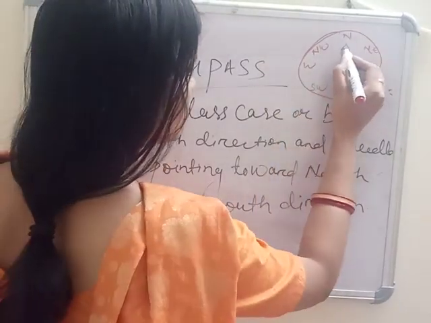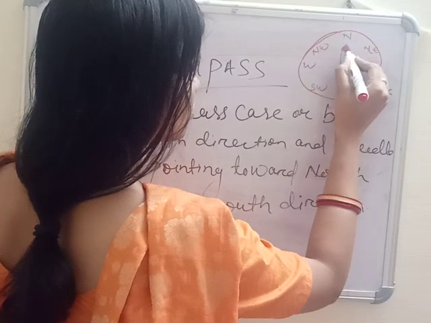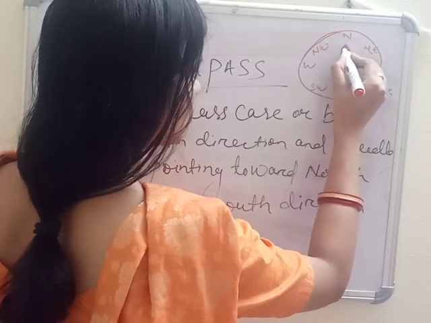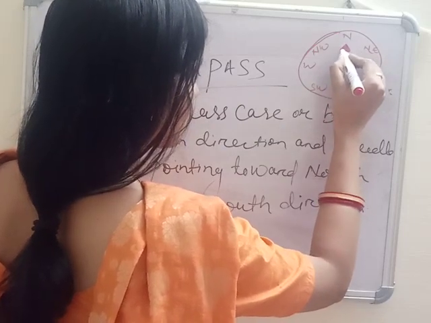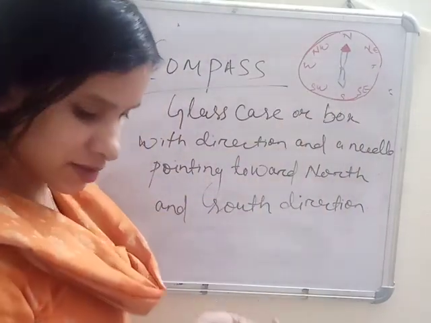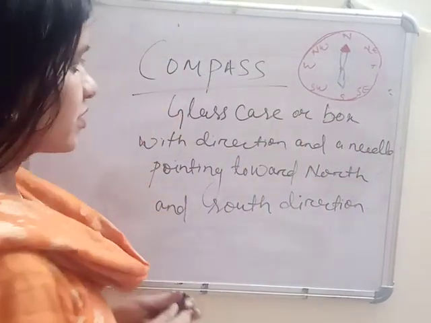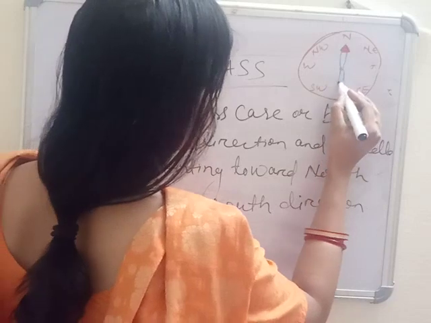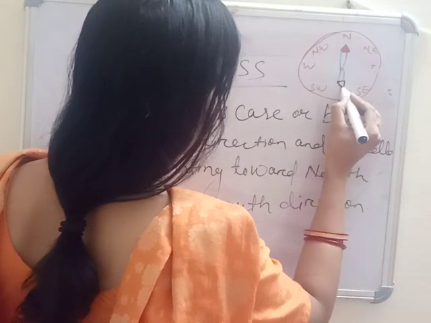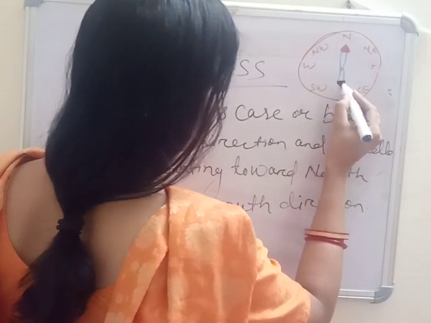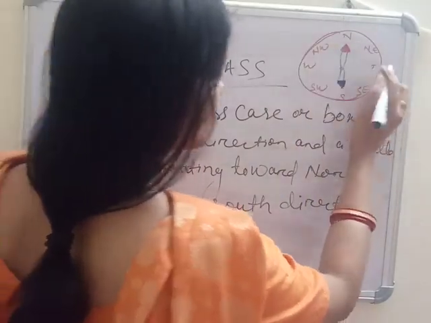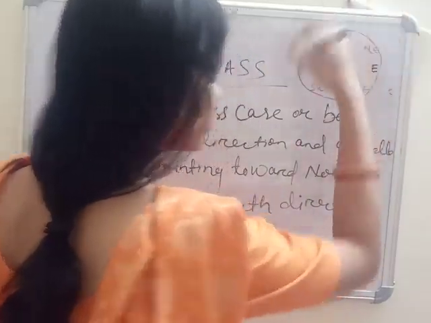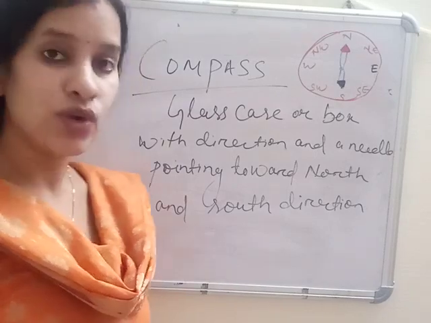The red pointing end is always your north, and the other end, the black painted one, is your south side. And it has a glass cover. So this is how the compass looks.